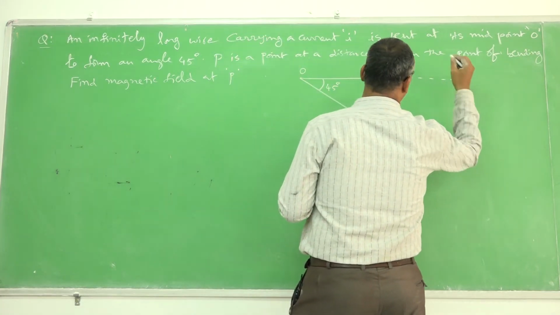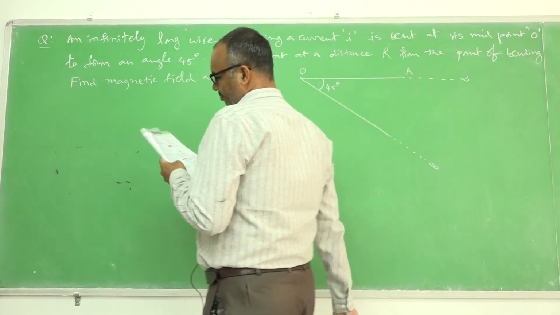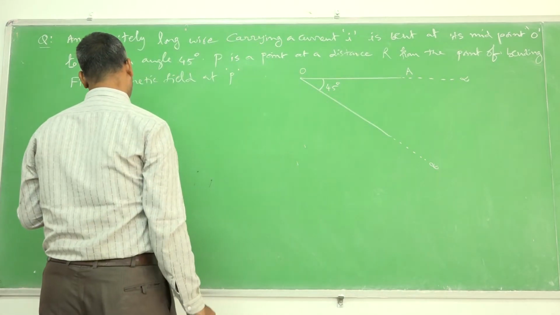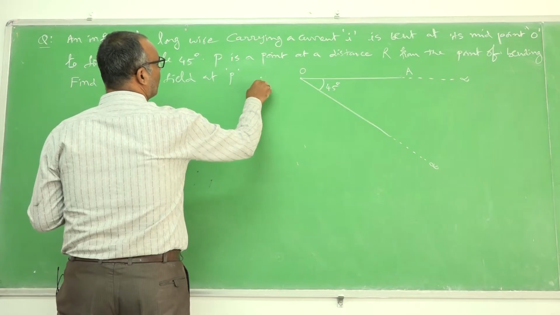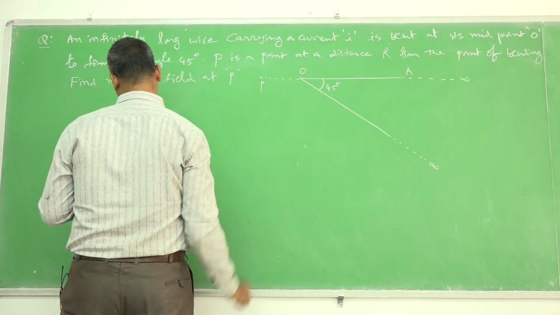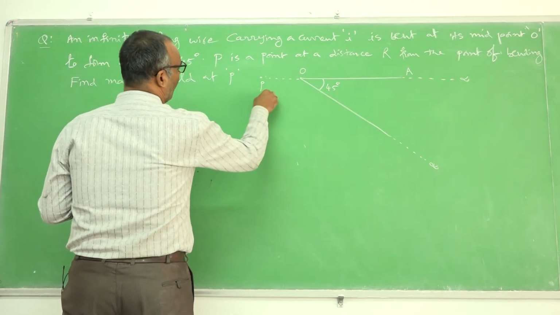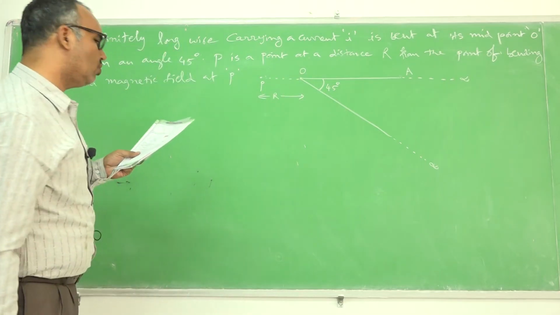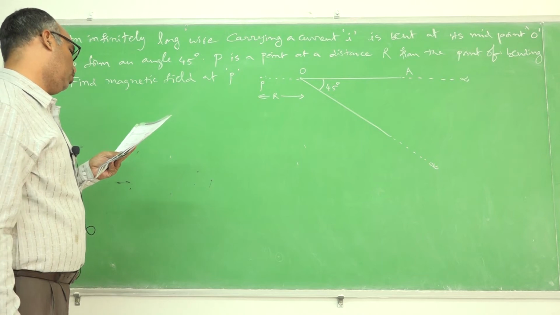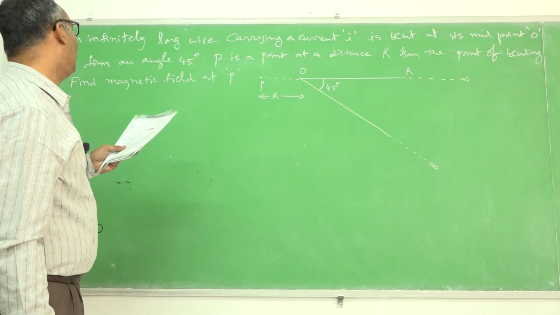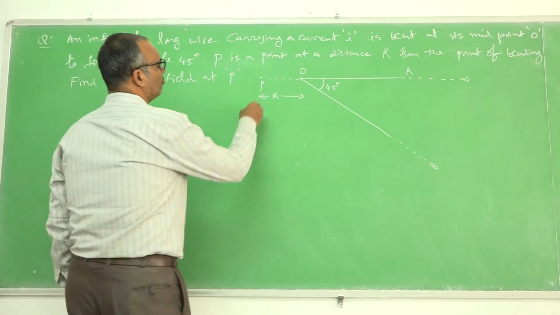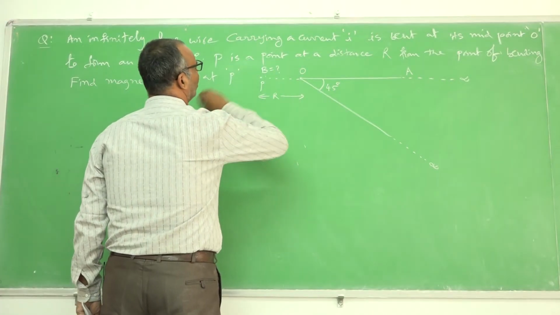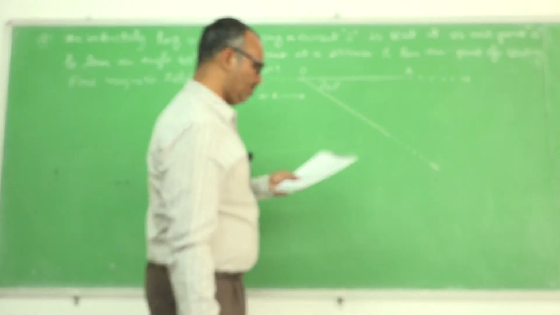It is also extended to infinity. P is a point which is located at a distance R from O. We need to find the magnetic field at P. What is the magnetic field at this point? This is the question.